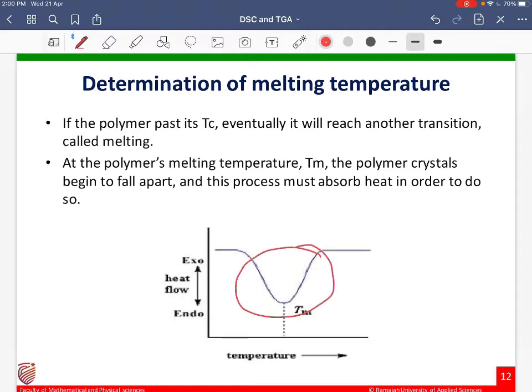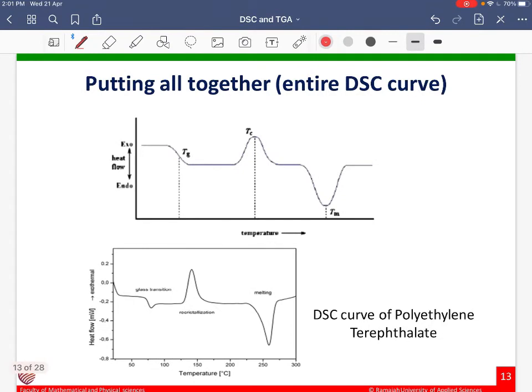So we will get an endothermic peak in the DSC curve, and the area under that curve we call the enthalpy of melting, and the temperature at this peak we will call the melting temperature, or Tm, of that sample.